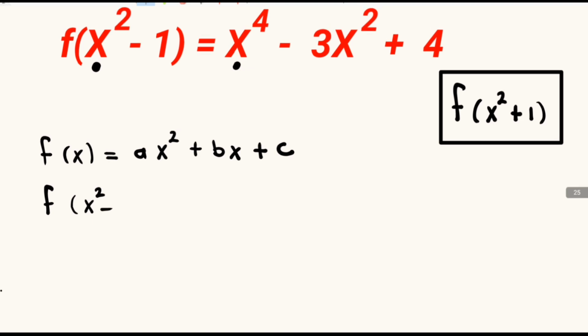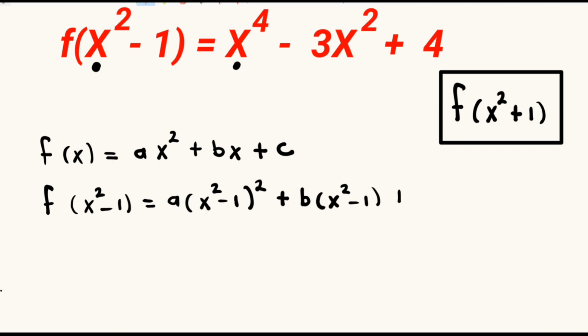So we have f of x squared minus 1 is equal to a multiplied by x squared, but in the place of the x, we substitute x squared minus 1. So it will be squared plus b into the x squared minus 1 in the place of the x plus c.